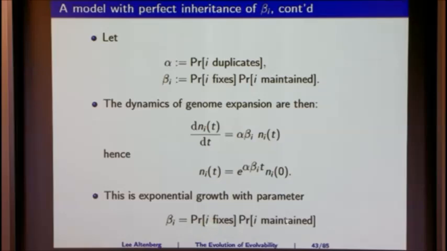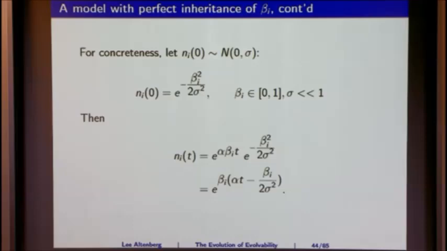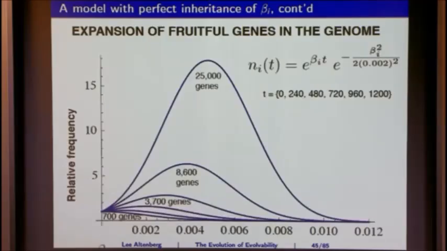So what happens? For concreteness, suppose that the initial distribution is a Gaussian distribution, and then we get this time trajectory, which I'll graph now. Suppose we start with a genome of 700 genes, and here's the distribution of this beta value. This is basically the success probability of a duplication becoming stably incorporated in the genome.